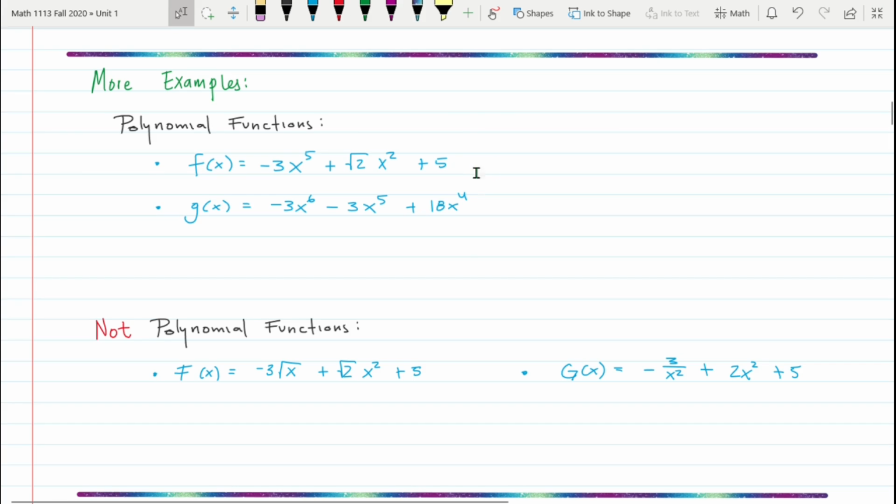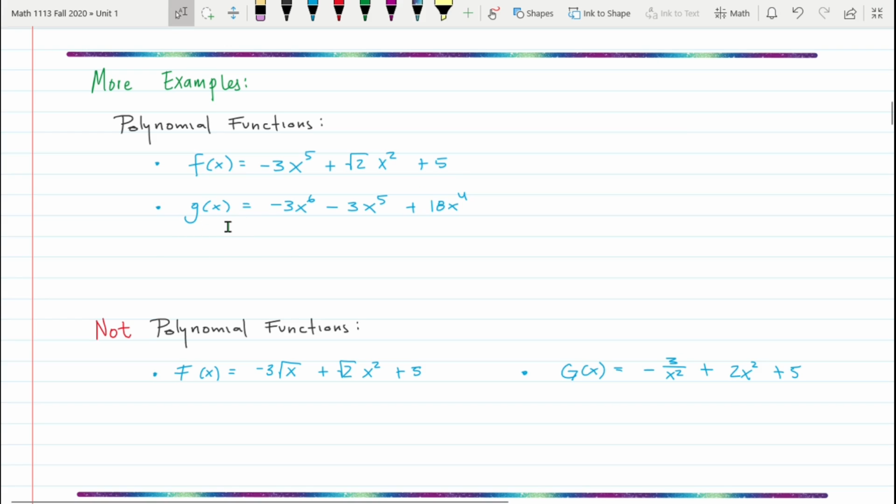This one has an exponent, but it's really just x to the power 0. So are they integers? Yes. Are they positive? Yes. So the coefficients, which are -3, square root of 2, and 5, those can be anything. They can be positive, they can be rational, irrational. Yeah, so they can be anything.